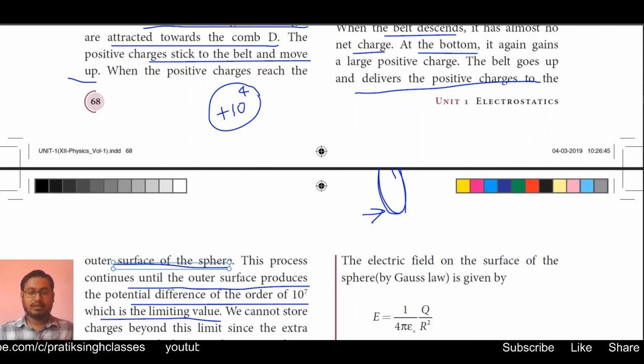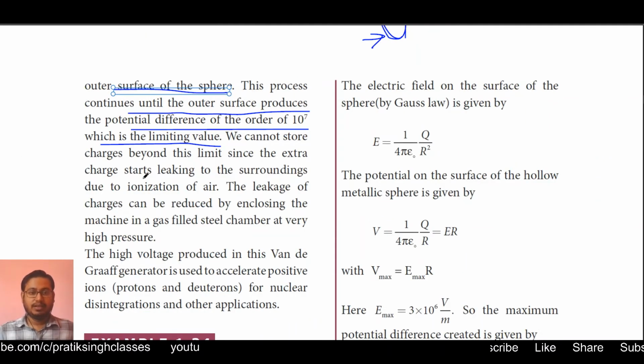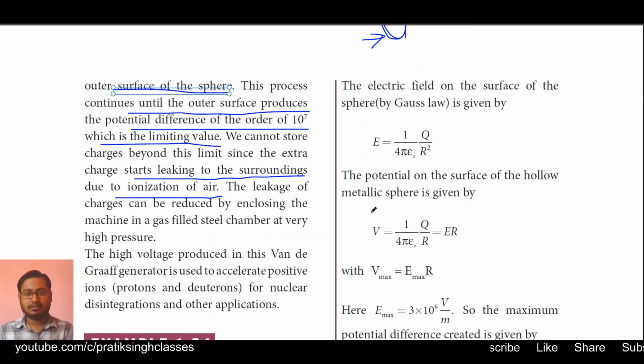We cannot store charge beyond the limit, since the extra charge starts leaking to the surroundings due to ionization of air. When we need a potential greater than 10 to the power 7, the air around the vicinity of the dome becomes ionized, and the extra charges beyond the 10 to the power 7 limit go to the air molecules, or go outside of the dome.